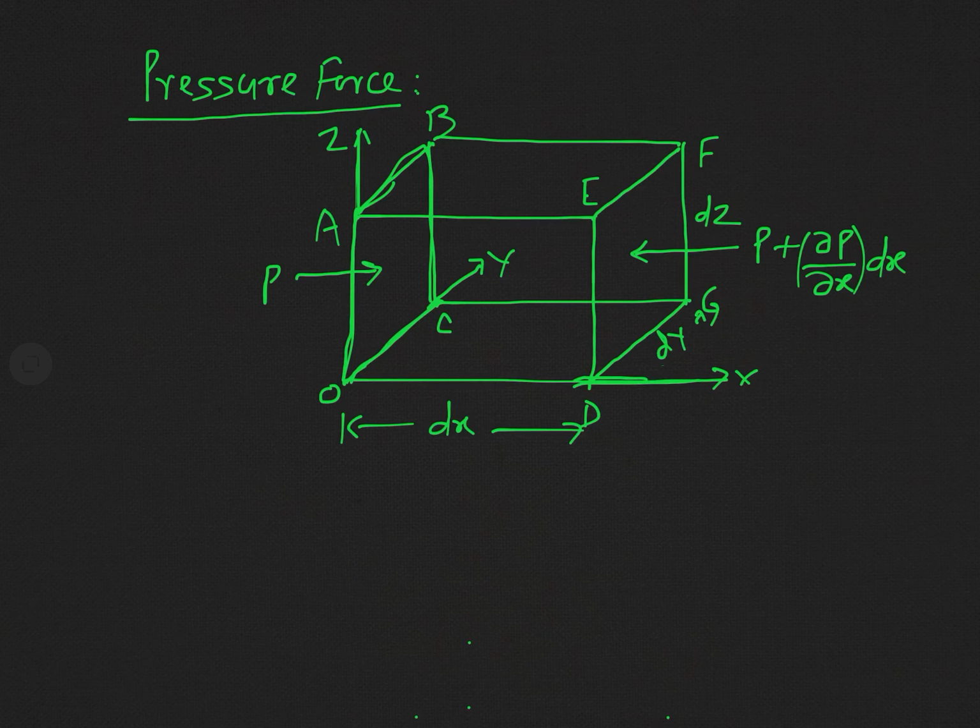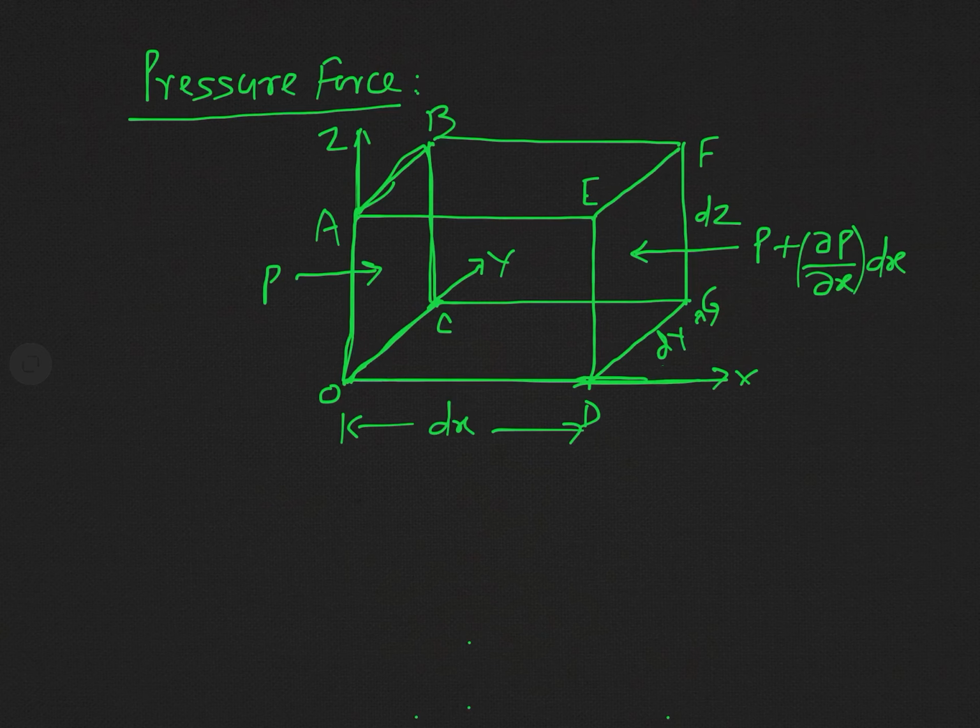Pressure gradient means change in pressure due to change in unit distance. So in x direction we have considered the pressure gradient as del P by del x. So if we move from O to D, that is from the face OABC to the face DEFG, what will be the change in pressure?